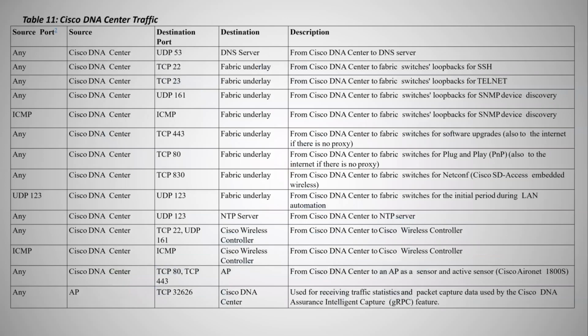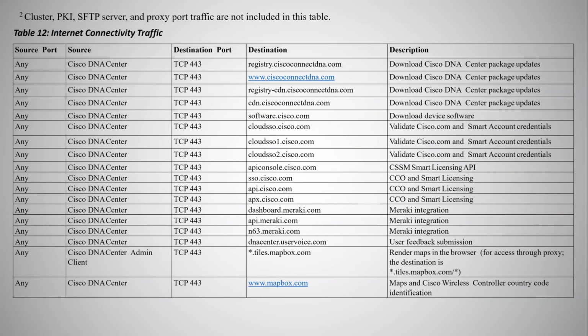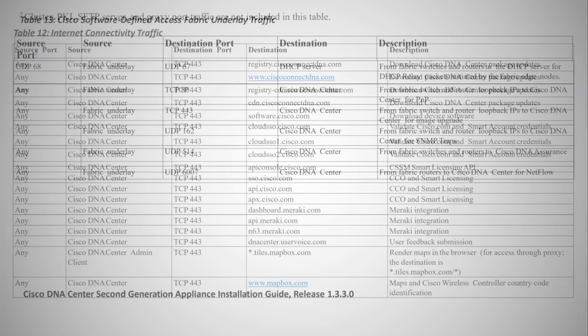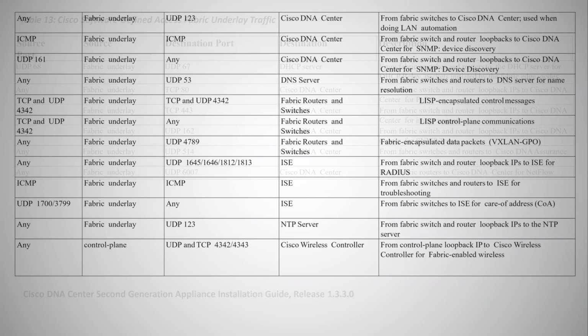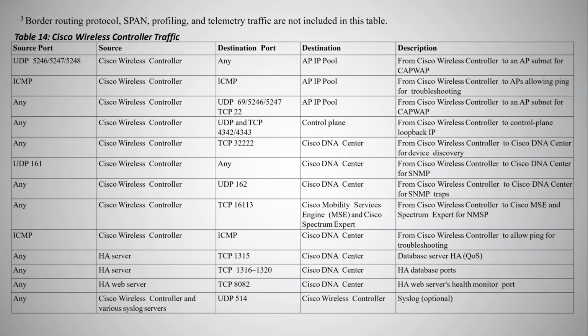Okay. Then you have the summary. When you are planning to deploy your DNA, you should know all these things. This is actually related to SD-Access fabrics. But we have the summary: what ports we want to allow, what services we want to allow, what integrations we have with DNA. It's just a summary of all this information.